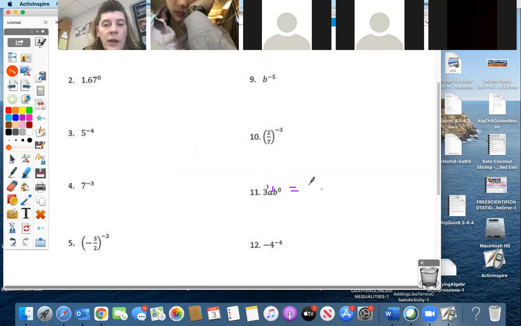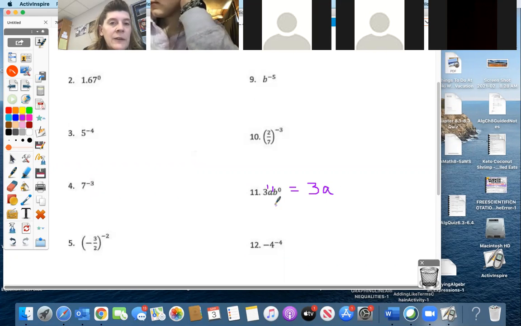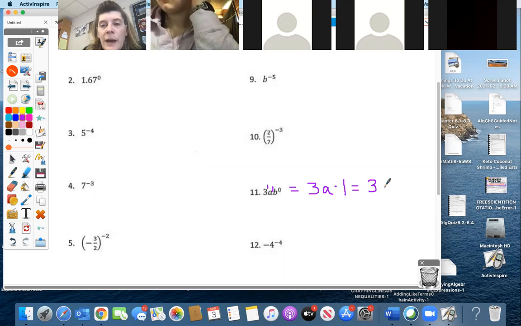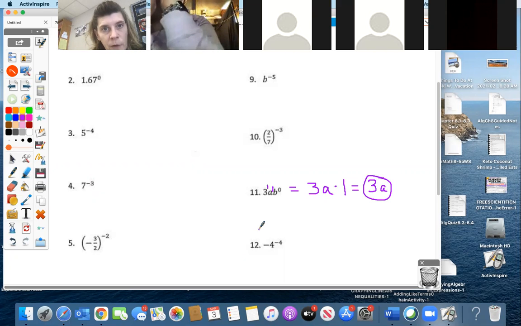Well, 3 and a already have a positive exponent, right? What do we know about b to the 0? What does that equal? 1. So what's 3a times 1? 3a. That is a simplified version of this problem. So that's as far as you'll go. Okay?